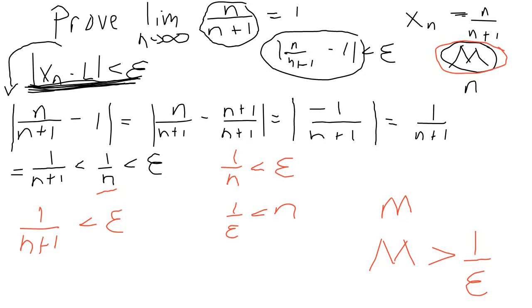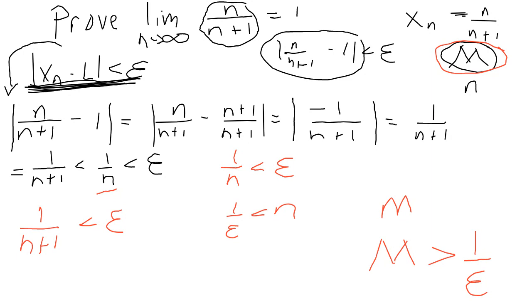because when you're doing these proofs, you try to use the simplest thing that you can get. Because we know that 1 over n plus 1 is less than 1 over n, we can just say, okay, make 1 over n less than epsilon instead of using 1 over n plus 1, because you get a more complicated epsilon if you use 1 over n plus 1. Okay, I was looking for some computation.